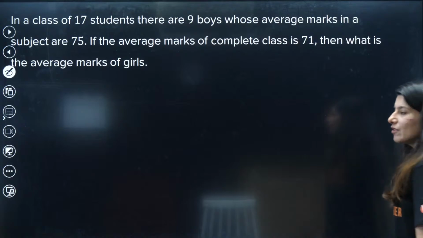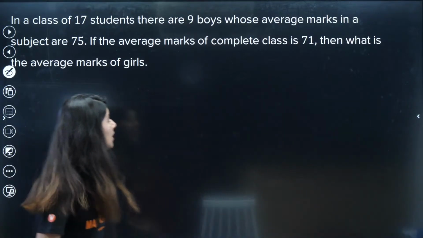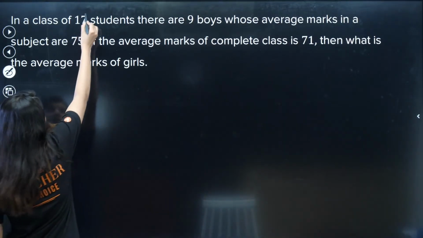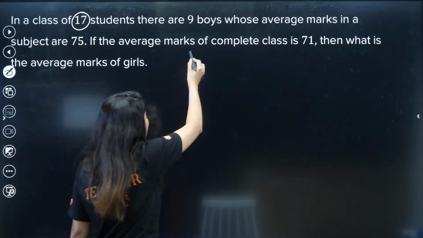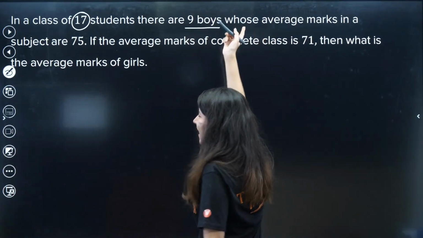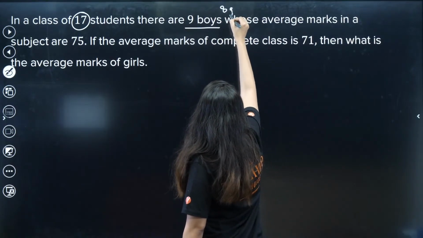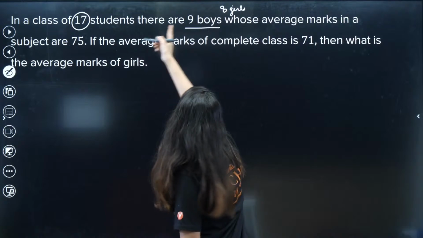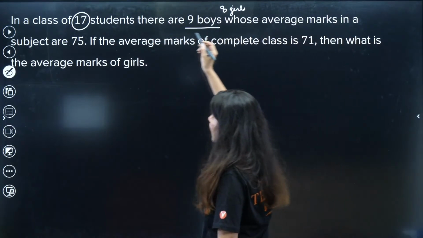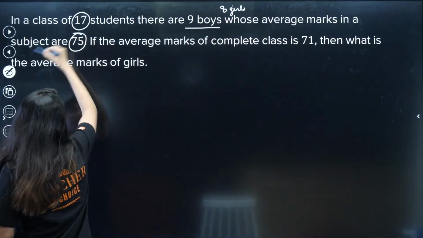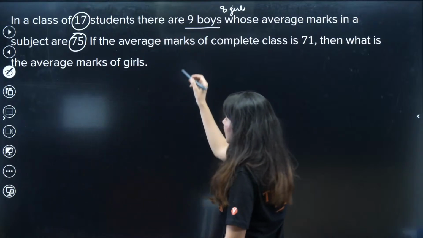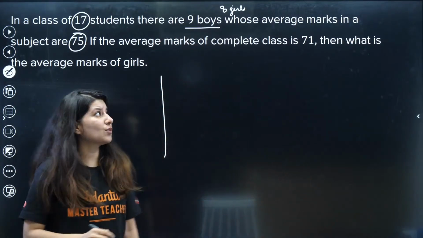So here we have a question. The question says, in a class of 17 students, there are 9 boys, that means 8 girls, whose average marks in a subject are 75. So we have 2 different series over here.